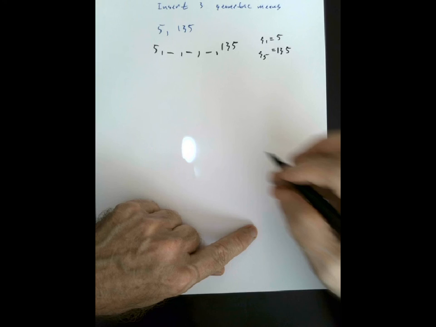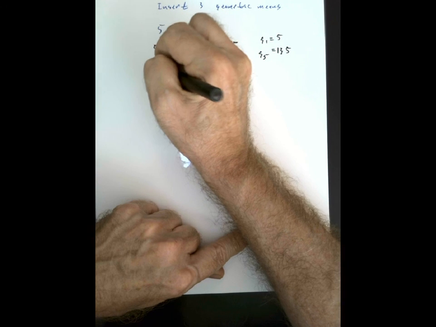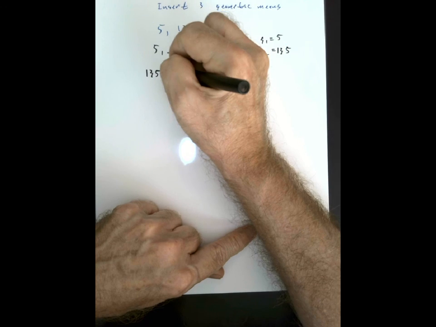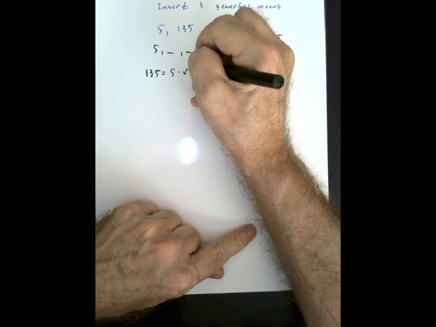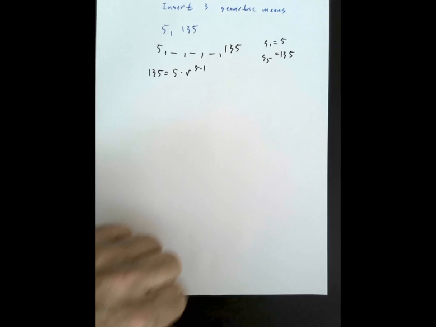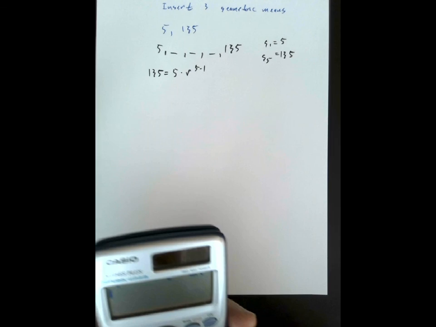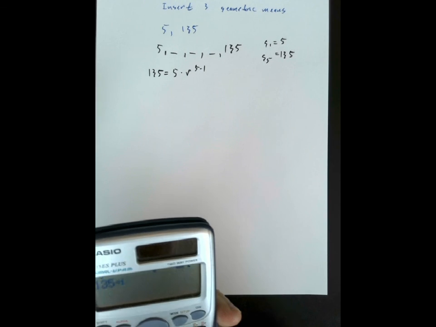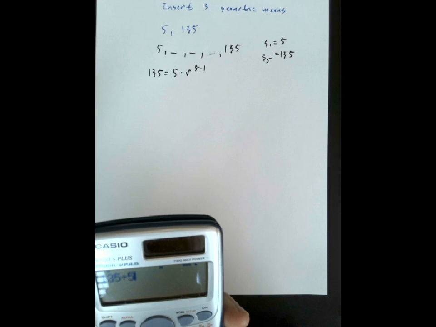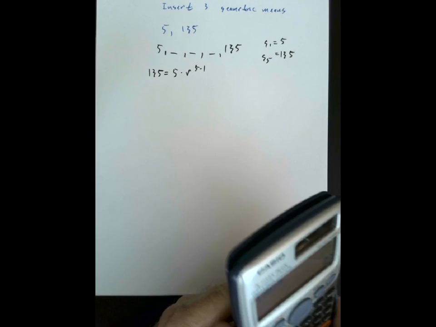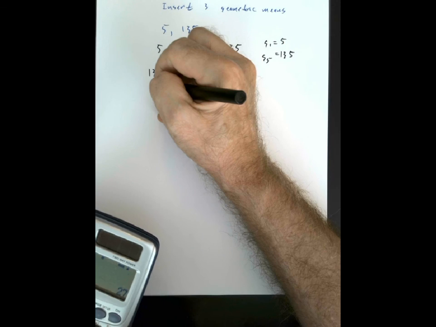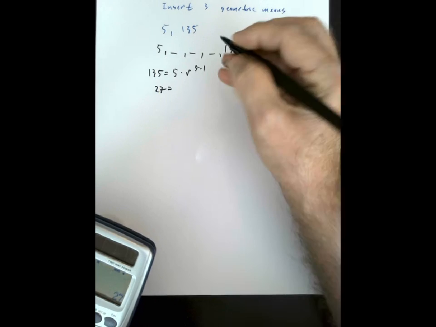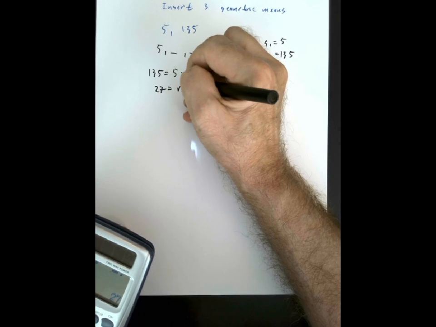Okay, so now we just plunk everything in. 135 is equal to 5 times r to the 5 minus 1, right? So we simplify that. 135 divided by 5 is equal to 27, right? So that's 27 is equal to r to the 4th power.